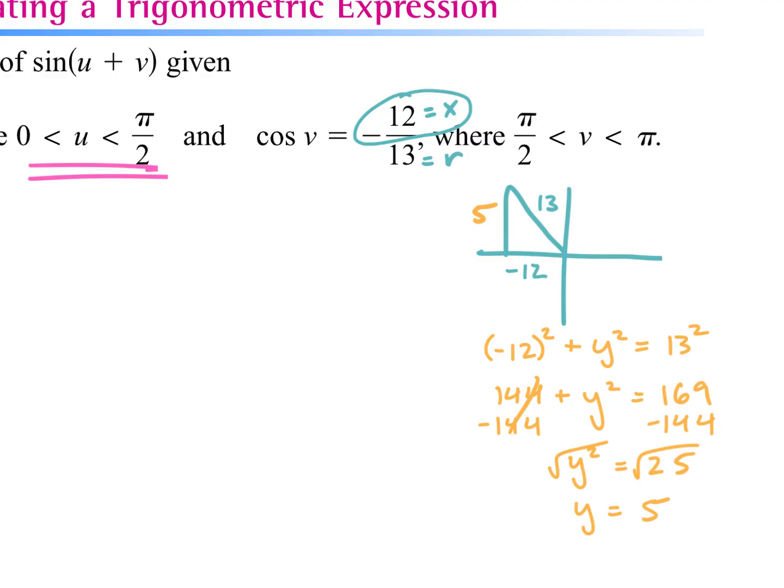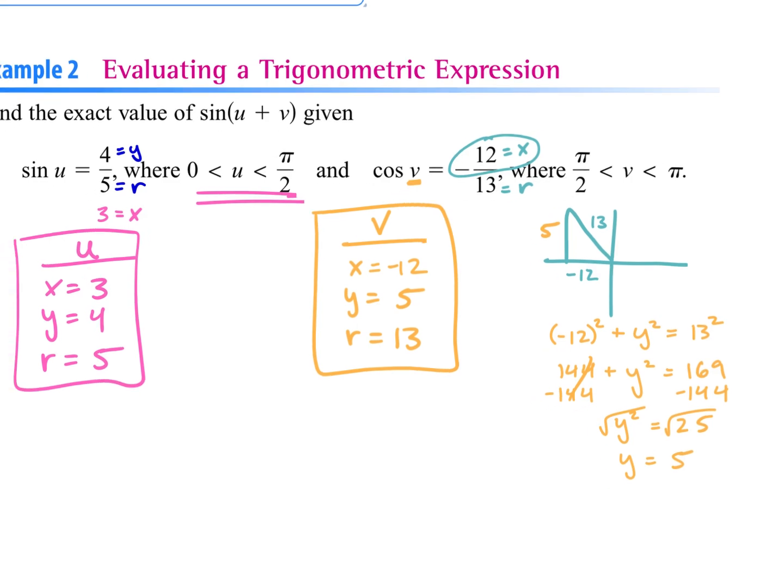So it'll be positive 5. So in my triangle V, my second triangle said cosine of V, so this is triangle V. I have x equals -12, y equals 5, and r equals 13. And we're not done yet.